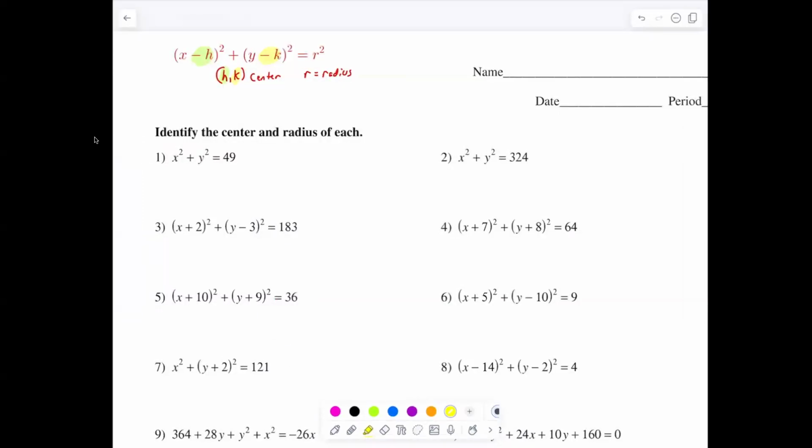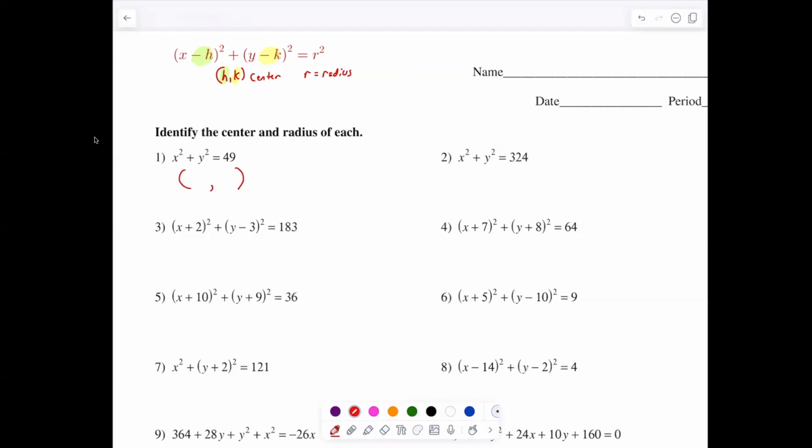And this center is going to be what? For number 1, someone tell me. I don't see a 1 anywhere. What number's after the X? What number's after the Y? 0, 0. Very good.